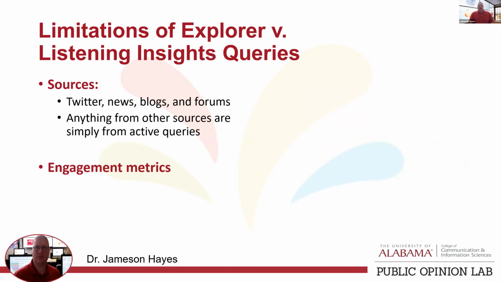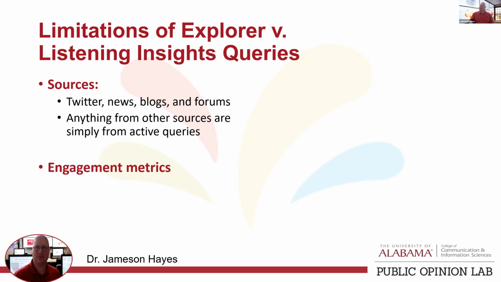So in terms of Explorer versus Listening Insights or Listening Dashboards, they've kind of changed the name recently, so you'll see both of those terminologies referring to listening dashboards. Explorer does not have full access to all the sources that Sprinklr offers, but they do have the full Twitter firehose. They have all the news sources that Twitter offers, the blog sources and the forums.